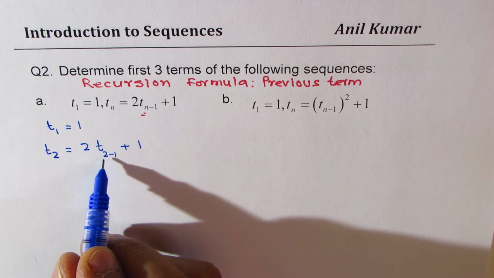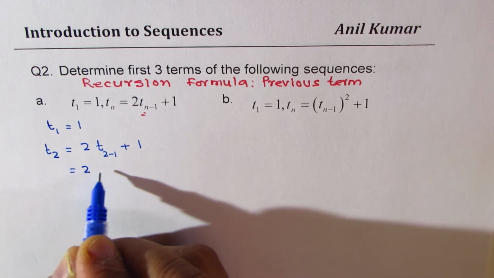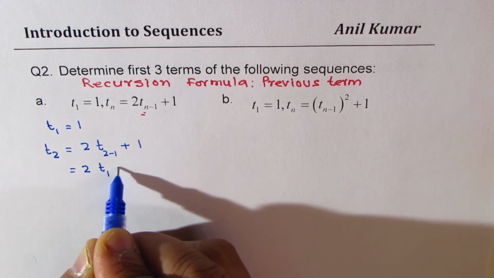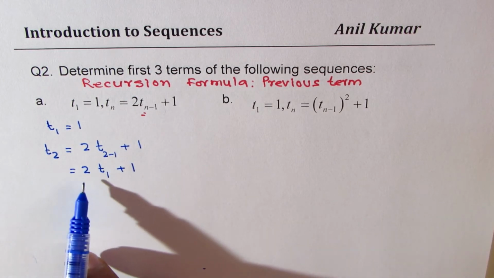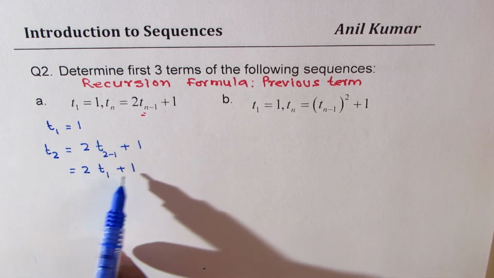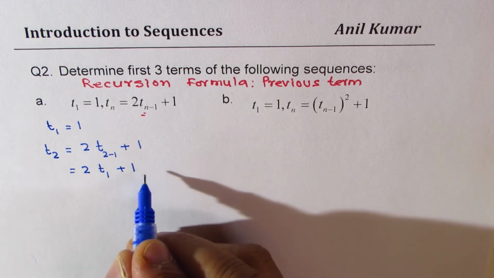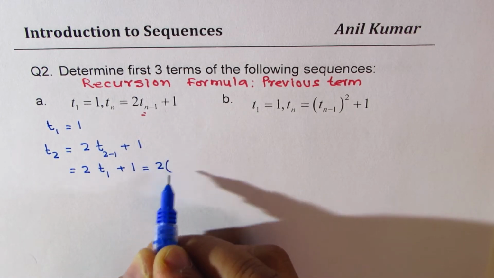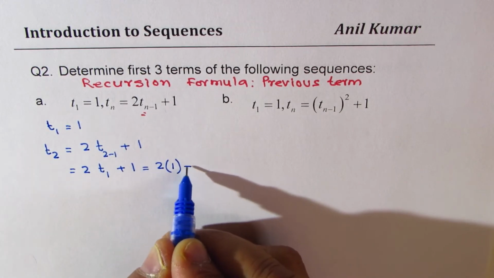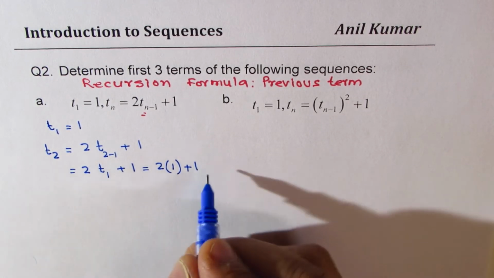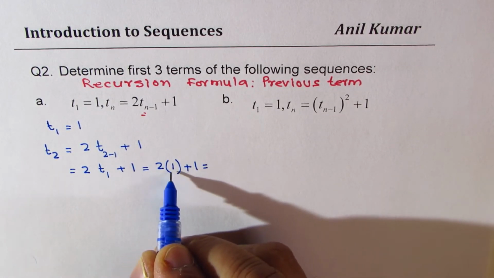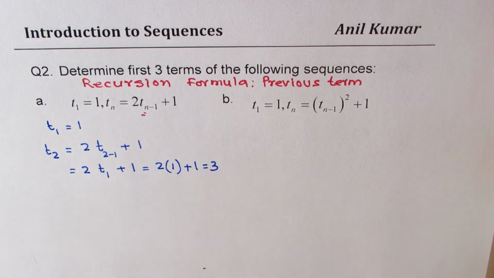Now what is 2 minus 1? It is 1. So that means twice the first term, which is 1, and then you add 1. You get an idea, right? That gives you 2 + 1 as 3. Clear? So that is how we get our terms.